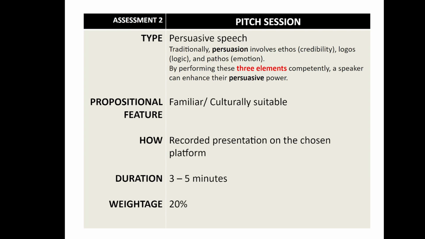Traditionally, persuasion involves ethos, which means credibility, logos, which means logic, and pathos, emotion. So whenever you want to persuade someone to do something, you must have the credibility, you must have the logic, as well as you must have the emotion in doing this. Okay, by performing these three elements competently, a speaker can enhance their persuasive power.